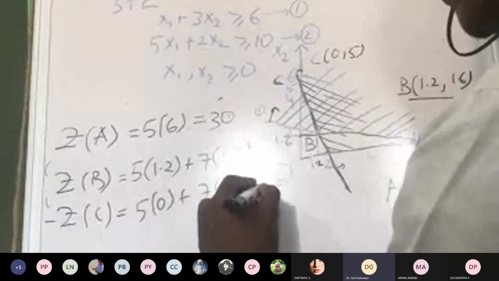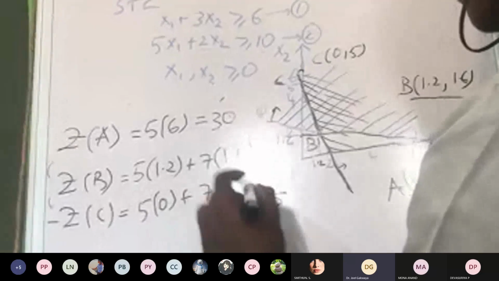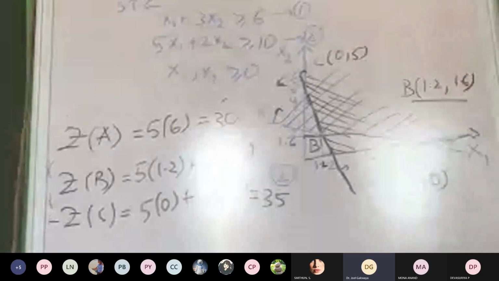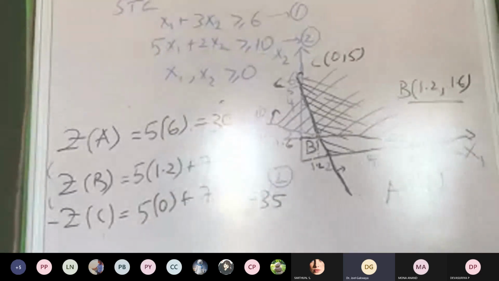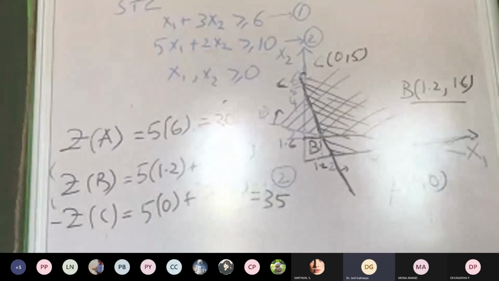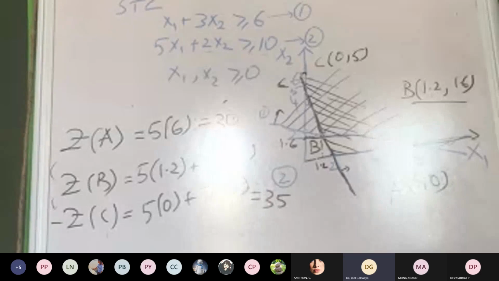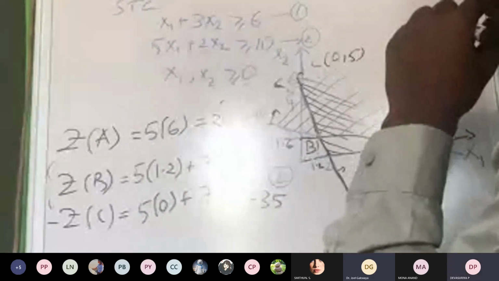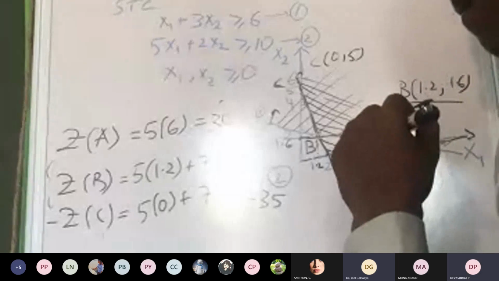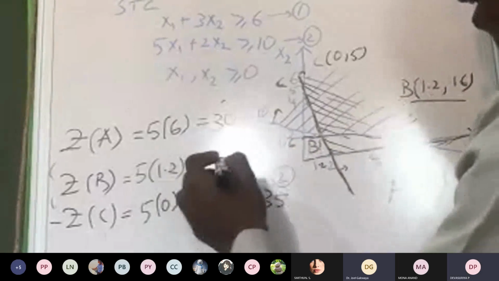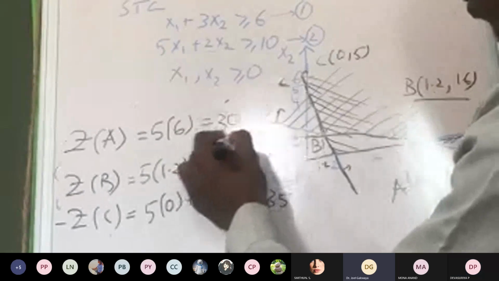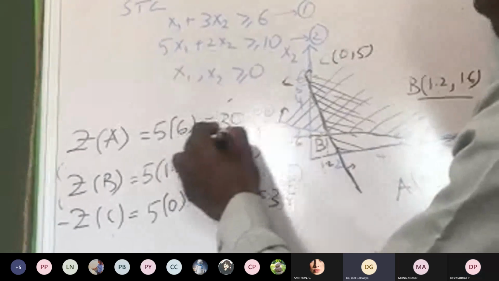For this one, the answer is 35. What is the answer for B? First, use your calculator, please. Do it fast. 17.2. Okay, the answer for this one is 17.2. Correct? This is for B.